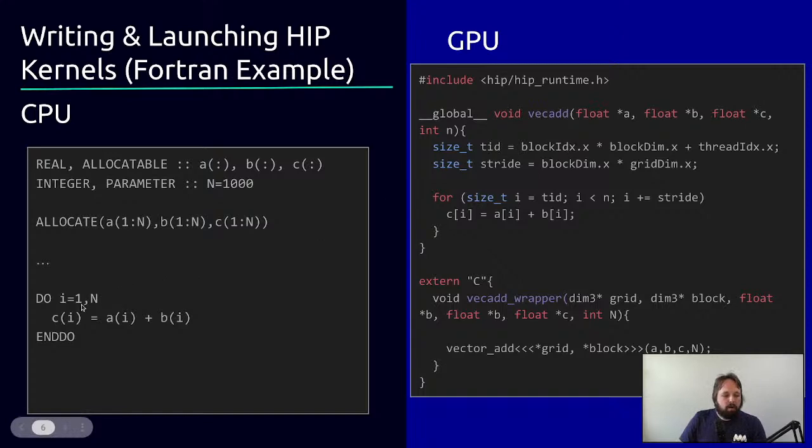Now instead of doing 1 to n sequentially, let's say thread 0 does A1 plus B1, thread 1 does A2 plus B2, and so on down the line. And if I only have 100 threads available, the first thread would pick up at index 100, then thread 1 would do 101, thread 2 would do 102, and so on.